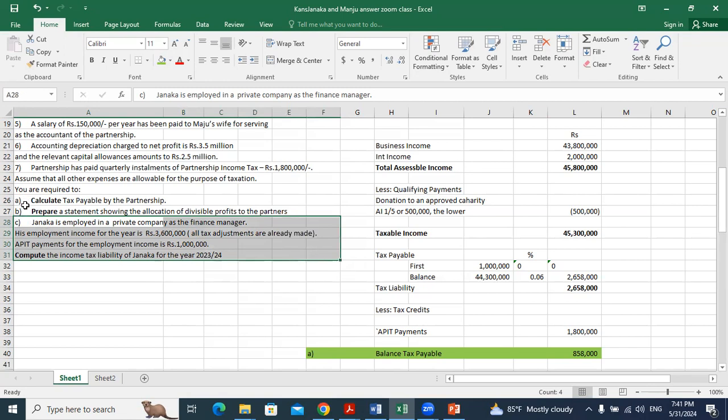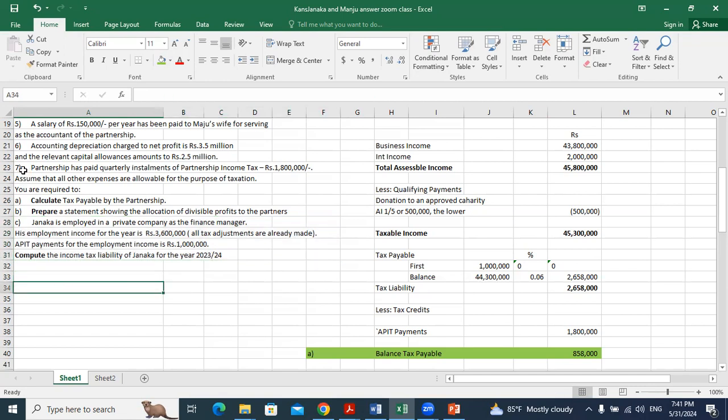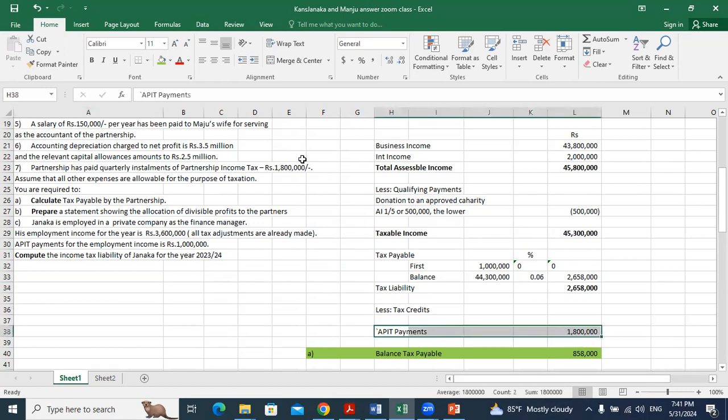We are studying A, thereafter we will come to B. Information number 7, just read all the participants. Partnership has paid quarterly installment of partnership income tax of 1.8 million. This is for part A. Anything to ask? Give me 1 minute.